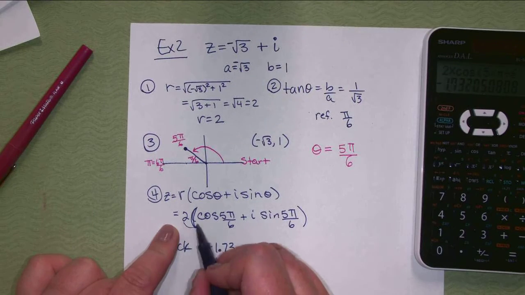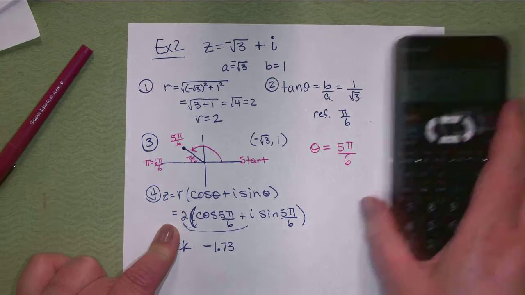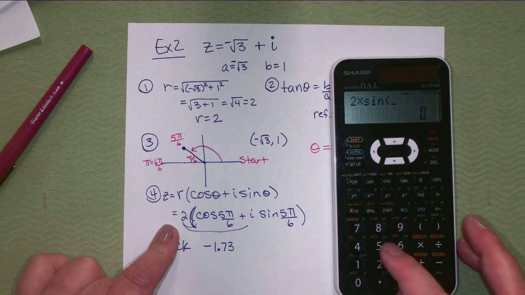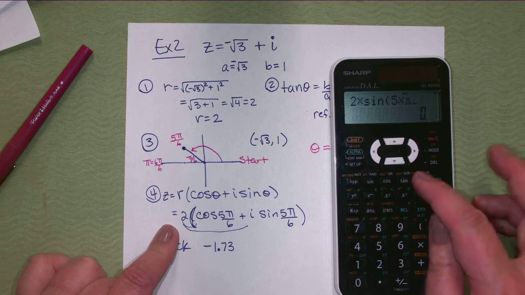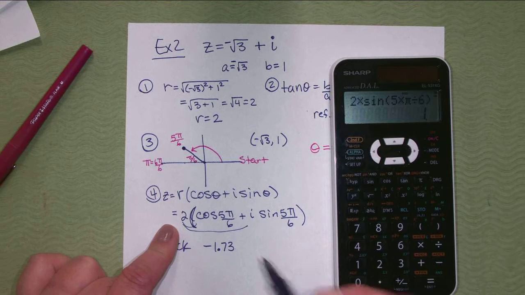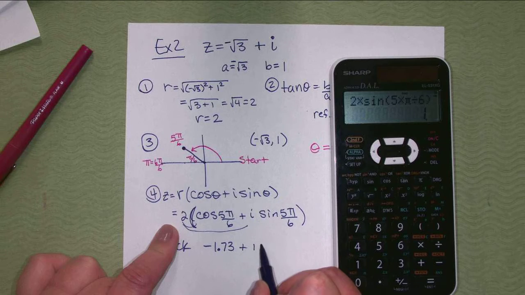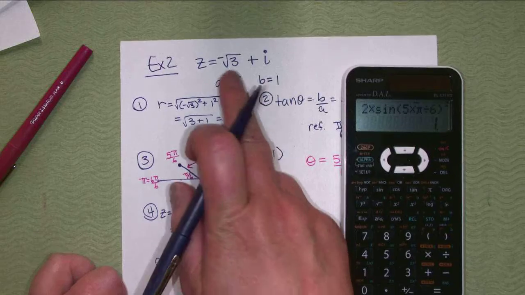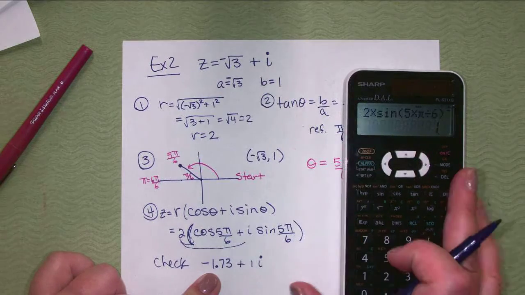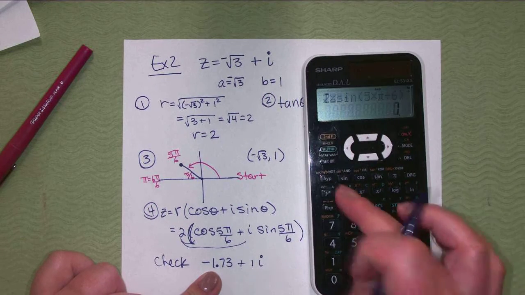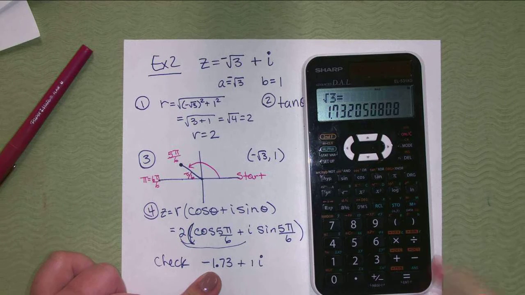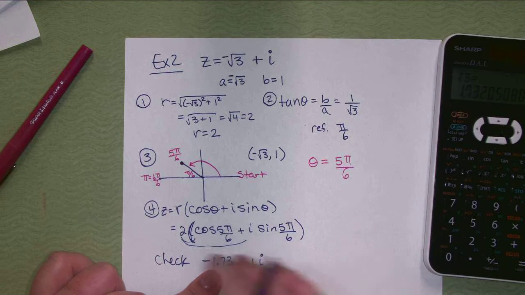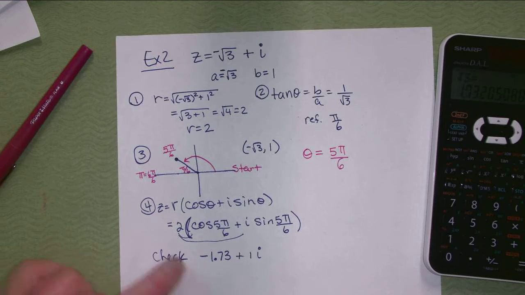For the other number, you do 2 times sine of 5 pi over 6, and I get 1. Is negative 1.73 root 3? Probably, because we did it right. Root 3 is 1.73, so it gives you your right answer. You can always check by putting it in the calculator and making sure you get back to where you started. But remember, that's a check. Your actual answer is this.